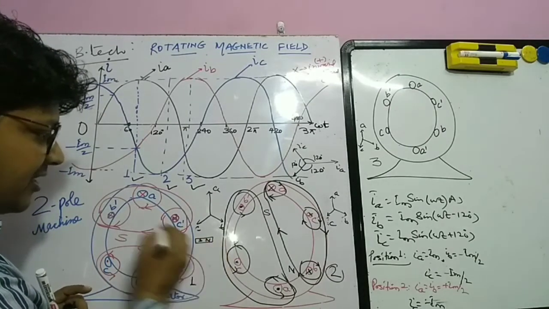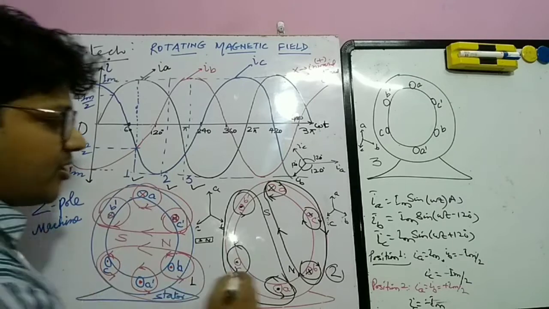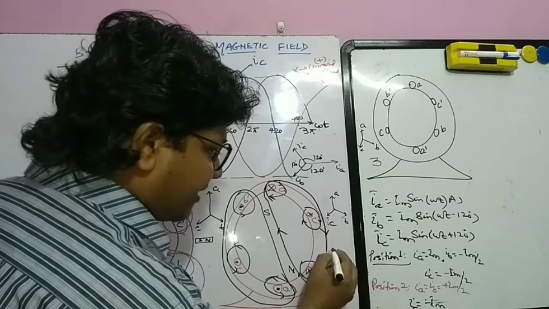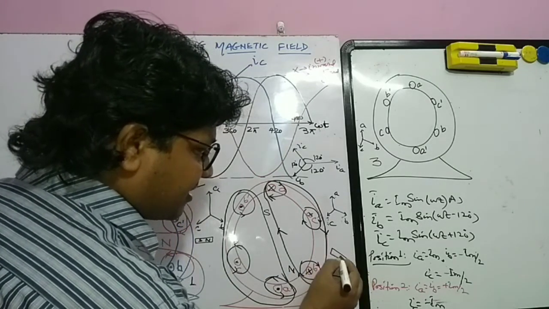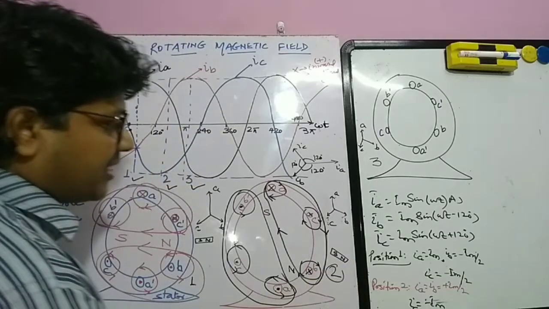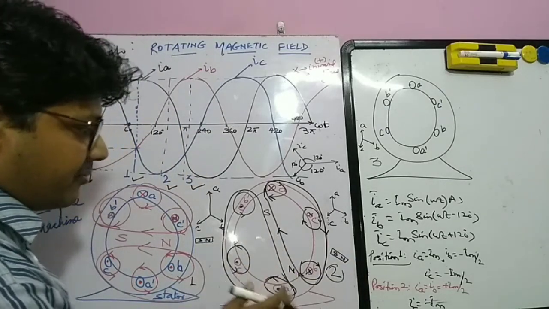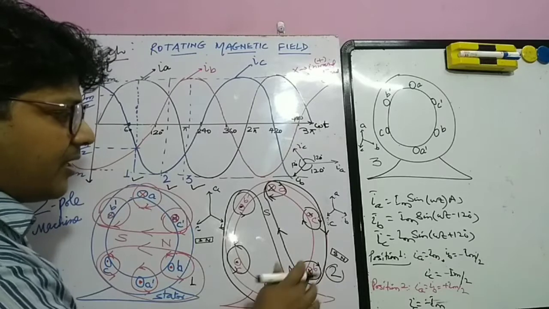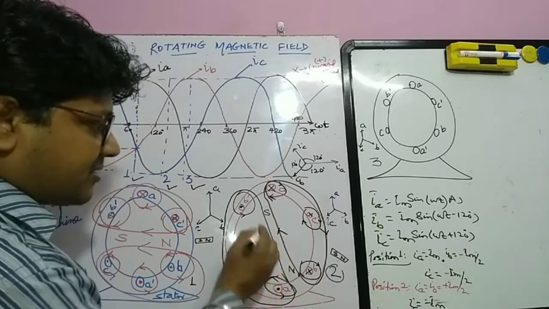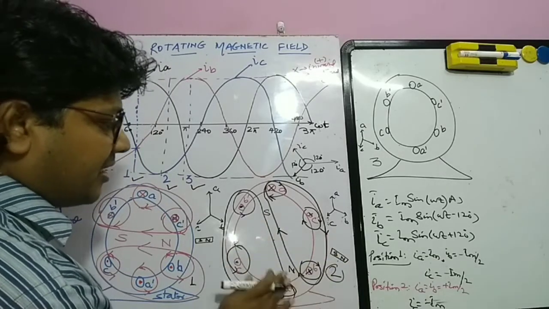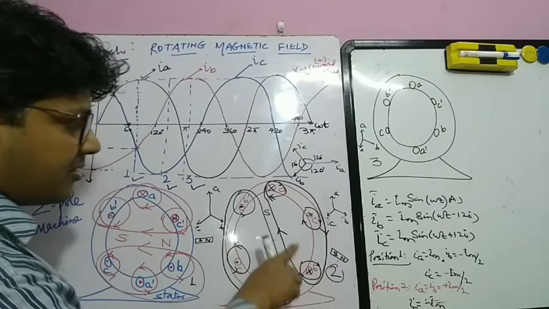So now the magnetic field is here, and after 60-degree movement of current the magnet is moving like this. Actually the angle we have plotted in a wrong way, but this will be at 60 degree only.